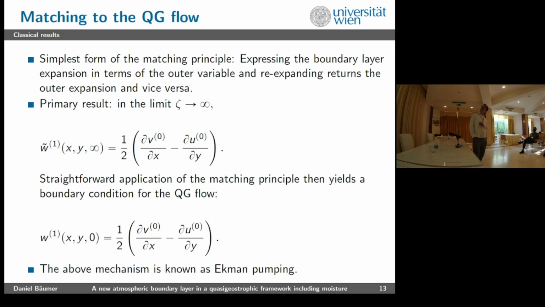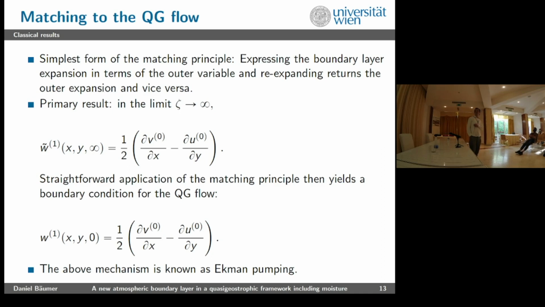Right, so the primary result that we get from this matching is that W tilde 1, which is the lowest contribution to vertical velocity in the Ekman layer, at zeta infinity is given by this, which is 1/2 the vertical vorticity in the QG flow.